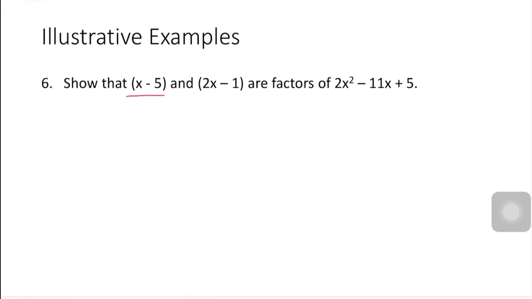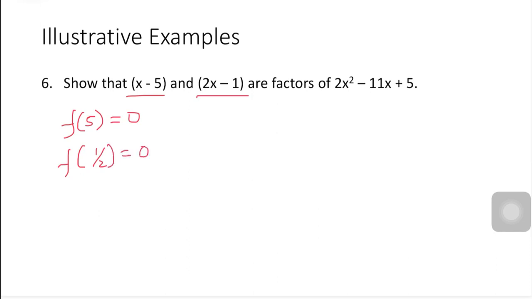Show that x minus 5 and 2x minus 1 are factors of this polynomial. So what do we know? How can we say that these are factors? If we plug in 5, f of 5 should be equal to 0, and if we plug in 1 by 2, f of 1 by 2 should yield a value of 0.